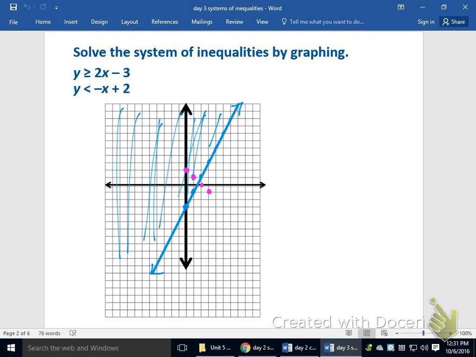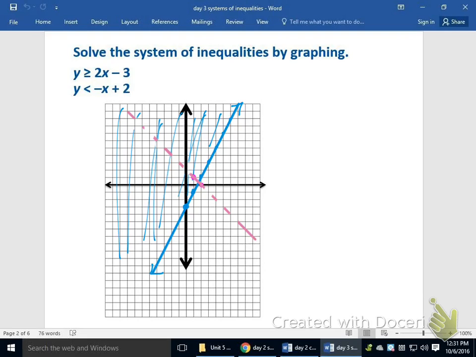Now this one is a little bit different because it was not equal to the boundary. With this one, what we've got is an example where, when it's not equal to, I should actually have a dashed line, because the boundary itself is not part of the solution set. So I'm going to go back through here and make it a dashed line. All right, that'll work just fine.